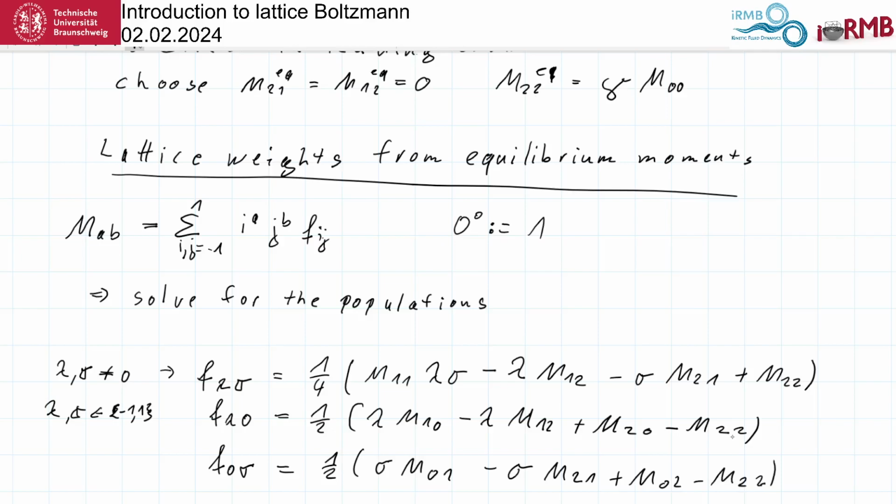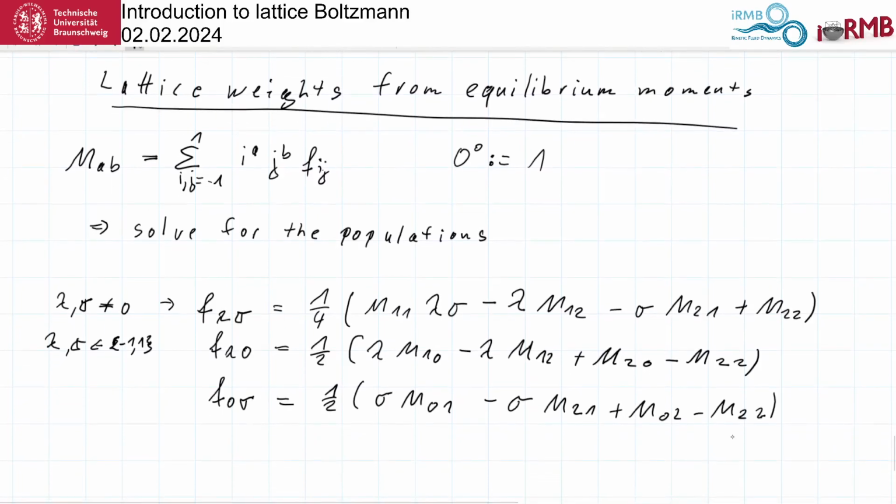Does this make sense? Does it look similar to the other one with symmetry, I hope? And then there's one left with all 0, and this is m00 minus m02 minus m20 plus m22.